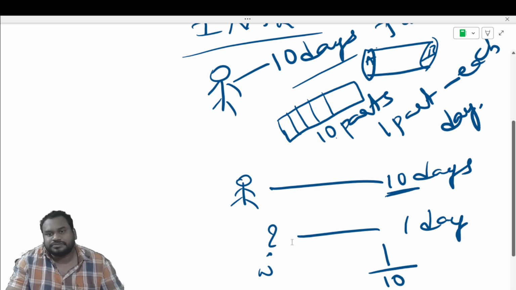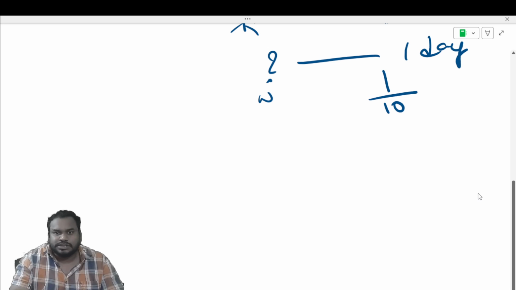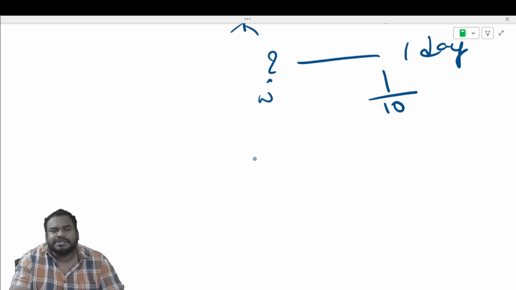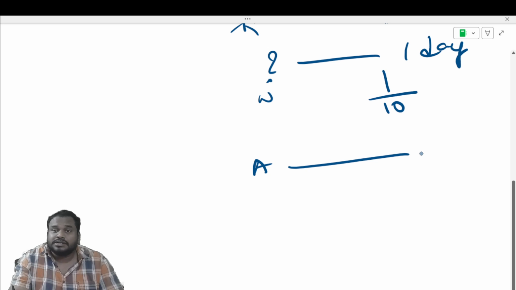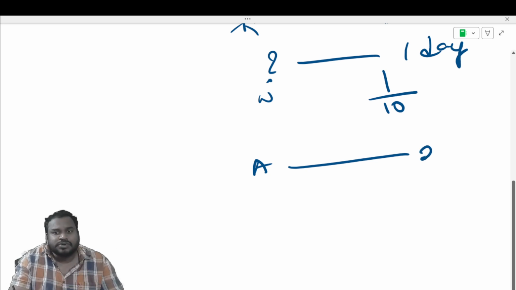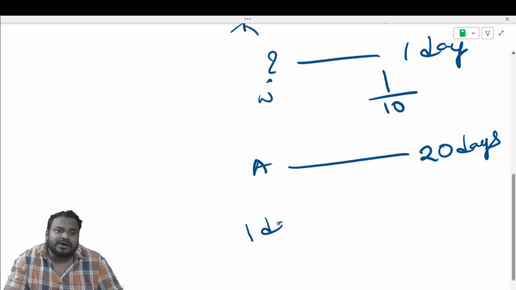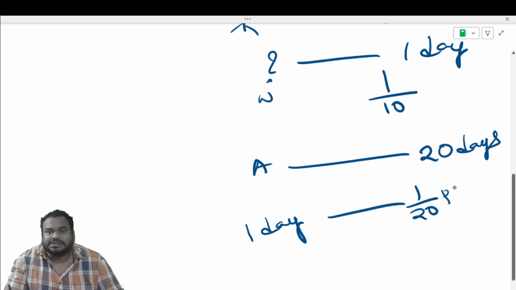Now suppose another person A is digging a canal or something, and he takes 20 days of time. In one day, how much work does he do? 1 by 20 parts.